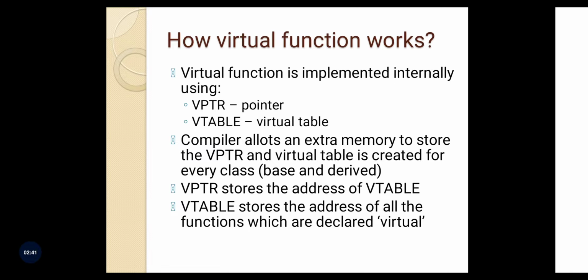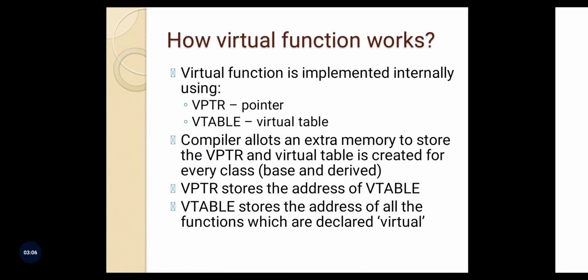Every time an object of that class is created, along with its attributes and values, a separate memory location is also added, which holds the address of the virtual table of that class, which means every object will have a slightly larger size now.